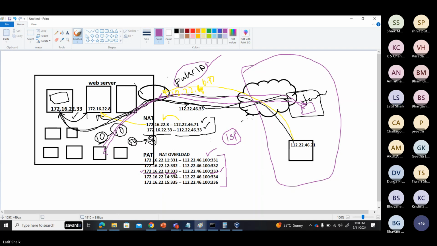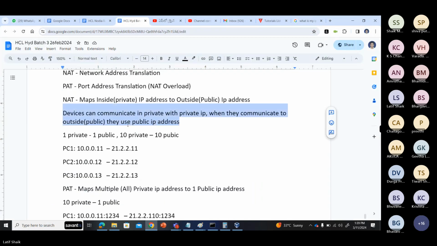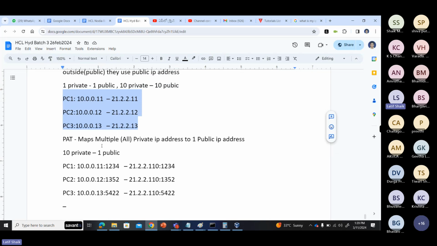So it uses the PAT technique, port address translation, which is also called NAT overload. It maps your multiple private IP addresses into a single public IP, or one or two public IP addresses, using a technique called port mapping. This is port address translation. NAT means one private, one public: if you have 10 private IP addresses, you need 10 public IP addresses.